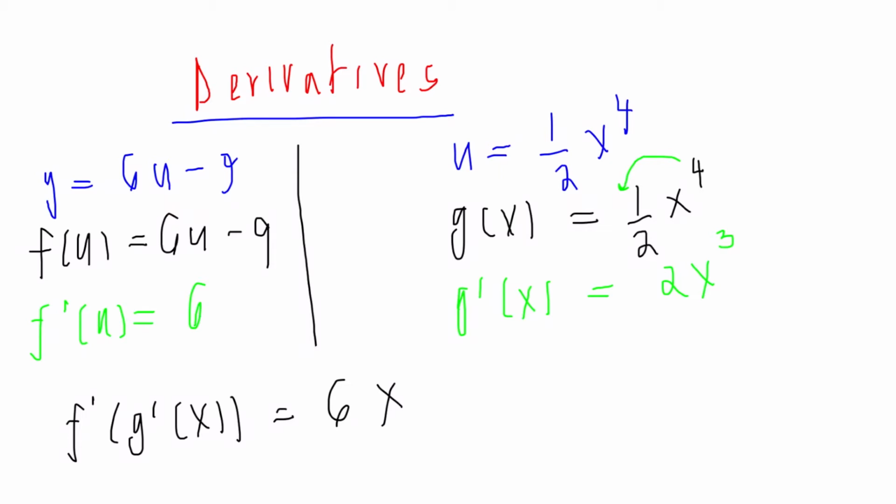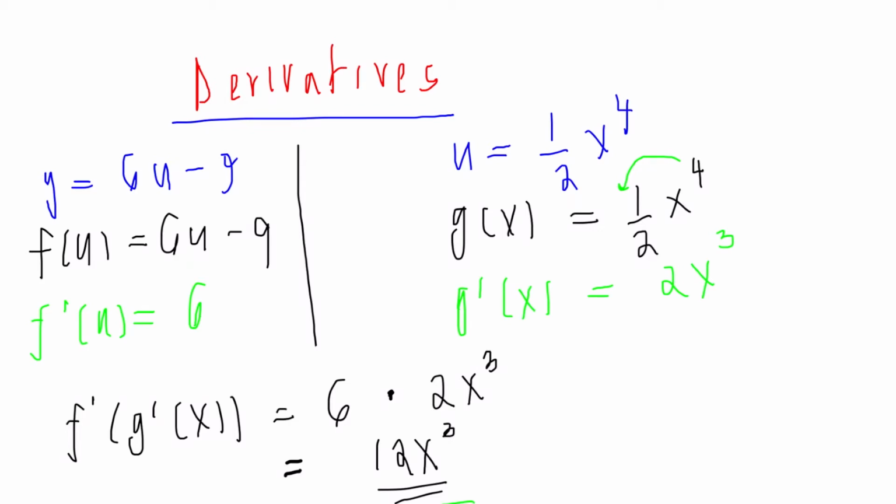So that is going to be 6 times 2x cubed. Let me just use a dot, so we will multiply them. 6 times 2 is going to give us 12x cubed. So the derivative of the function y equals 6u minus 9, where u is a half x power 4, is 12x cubed.